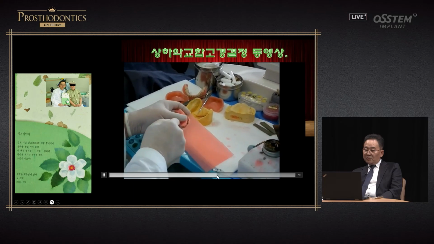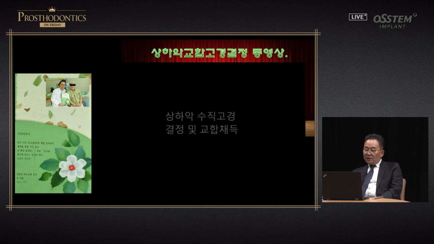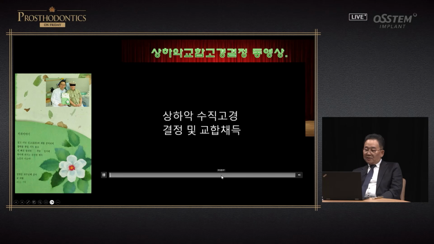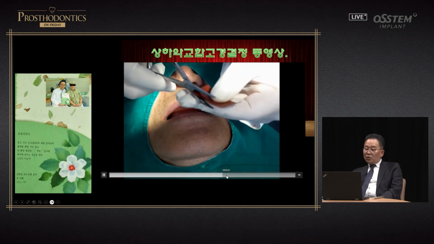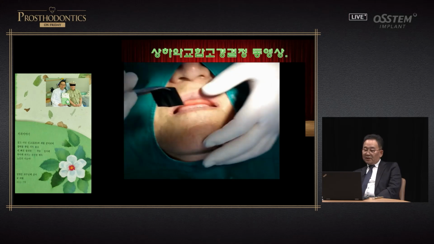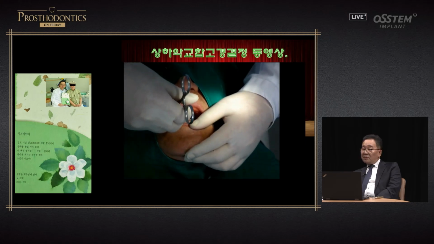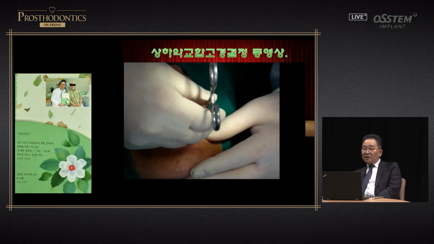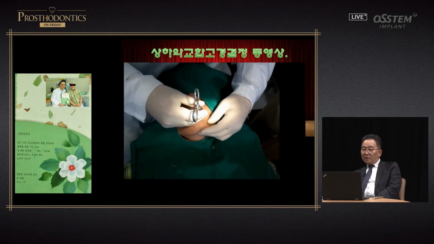Once we're getting close, I thought the upper was slightly low. I'm going to make further adjustments here. Articulating paper is used. The patient closes mouth, and where it's high is marked. It is marked.